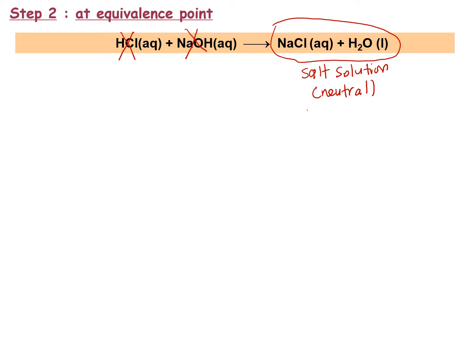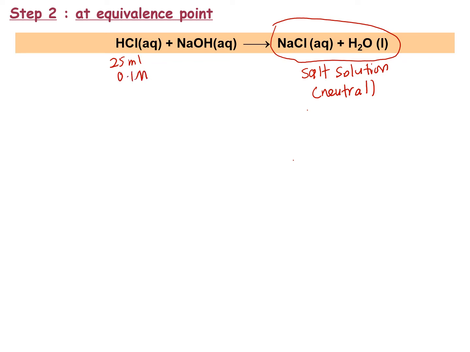Now, there are two things we need to determine. The first one is the volume of the titrant. How do we determine the volume of the titrant? Remember what information we have. We have the volume and the concentration. For HCl, 25 ml and 0.1 molar.